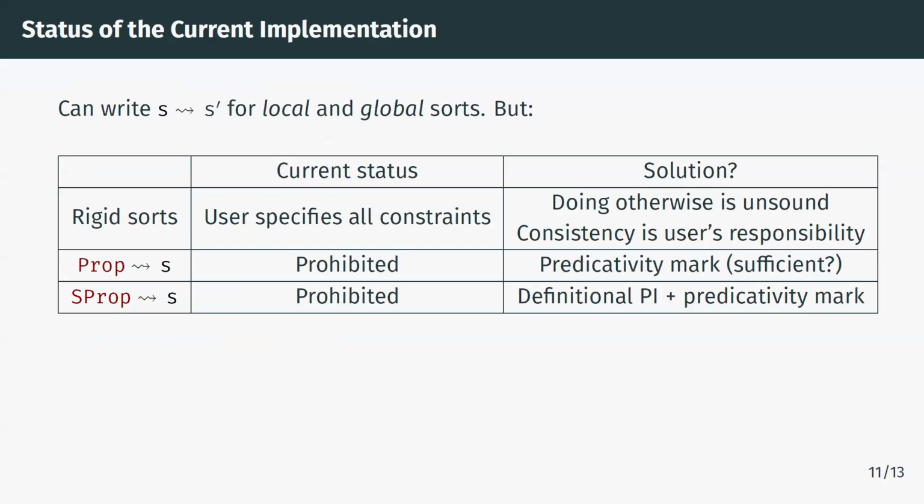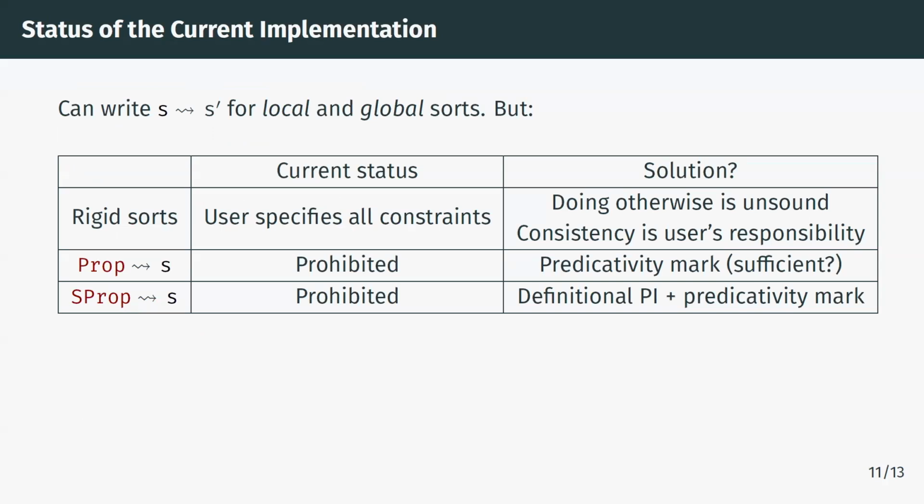Right. So to make a bit of a recap of the current implementation, what we have now is that we can write S eliminates to S prime for both local and global sorts, but we have three constraints. First, for rigid sorts, so sorts introduced by the user, the user also needs to specify all of the constraints.